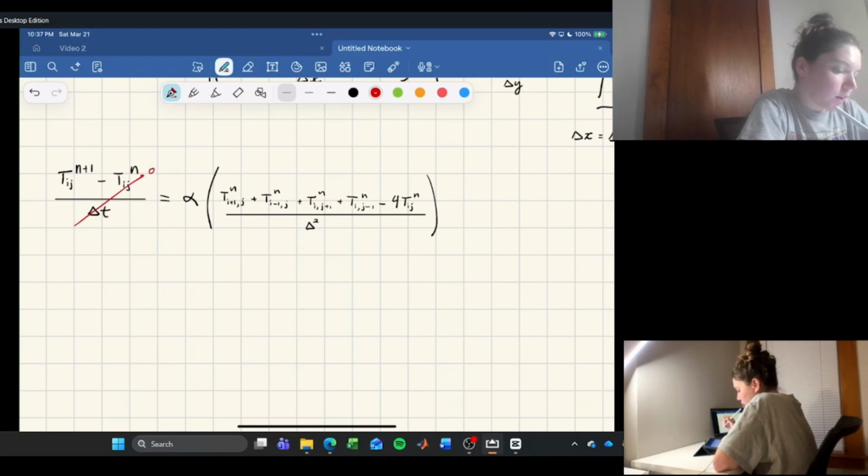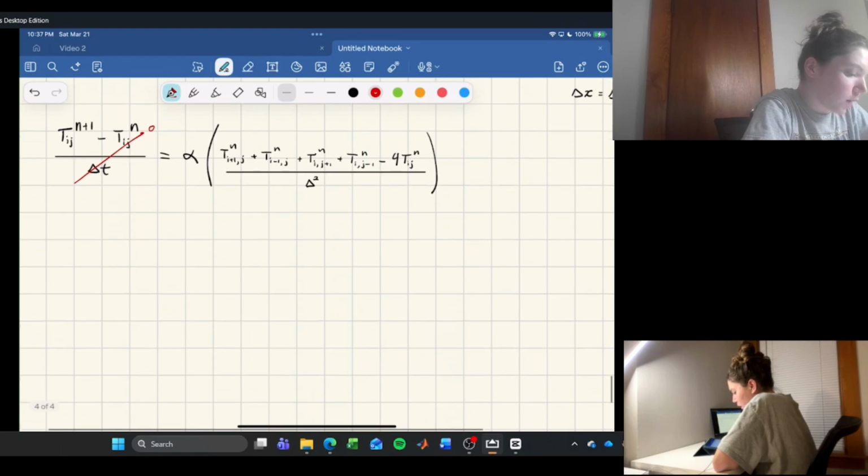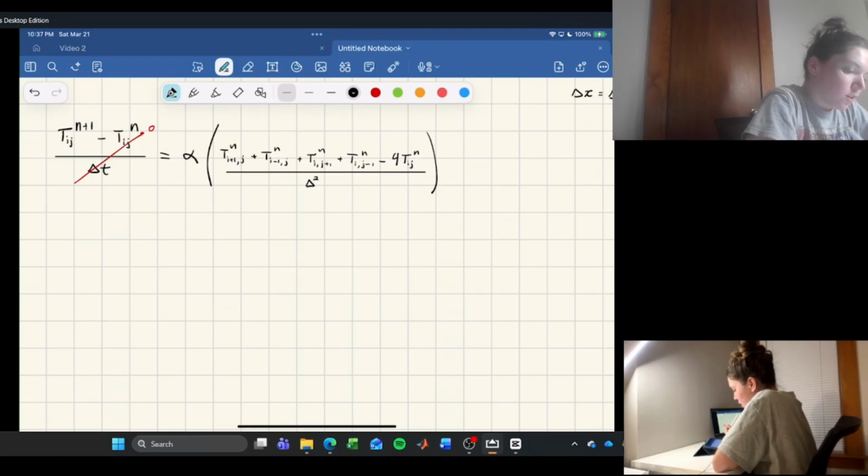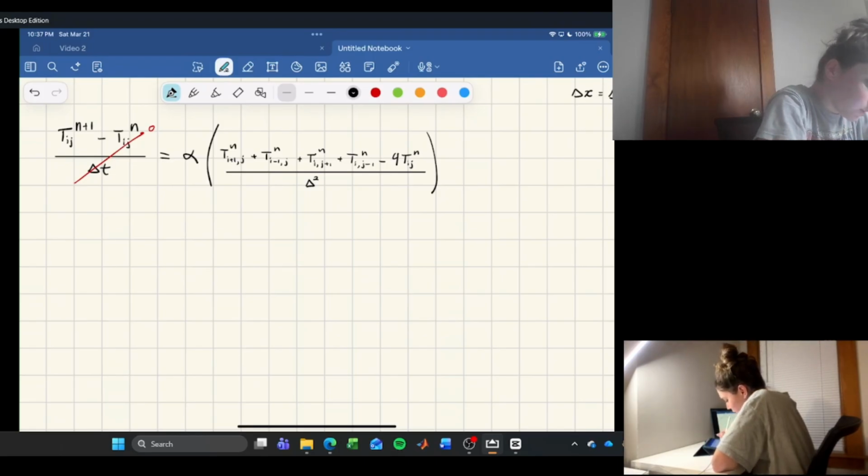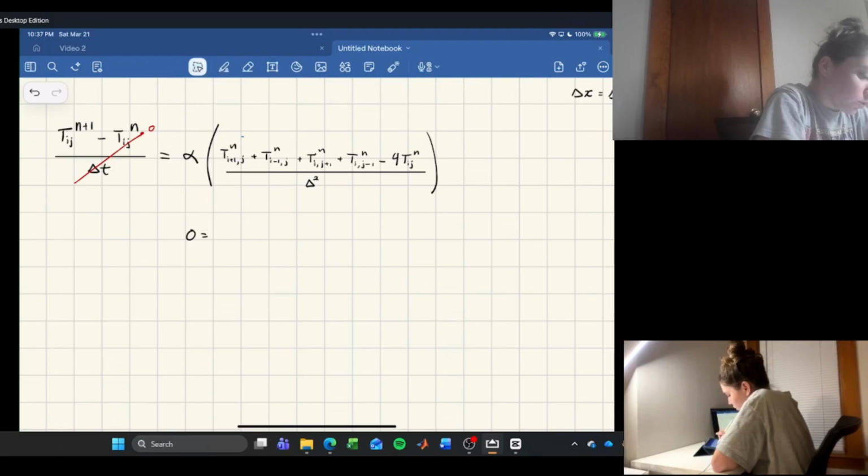And then if we're looking at a long enough time, then we don't need these n terms here either. And so if the left side is 0, and then we divide the thermal diffusivity over, and then multiply the change in position over, the final equation is going to be all these temperature terms equal to 0.